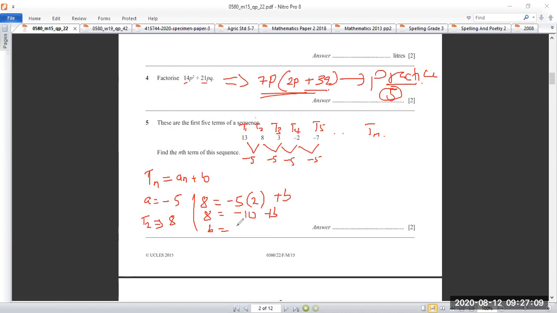It is equal to 18. Therefore, we can write our nth term to be equal to negative 5n plus 18. And that will be our answer there. Are we together?